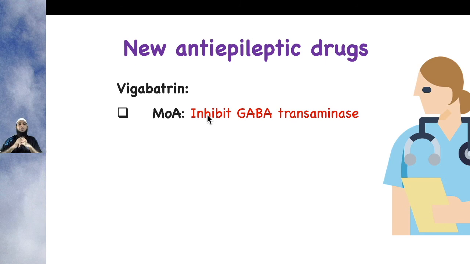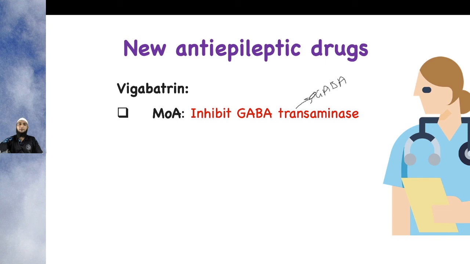In addition to this, there are many new anti-epileptic drugs available in the market. So let's see what those drugs are. One of the drugs is vigabatrin. The mechanism of action of vigabatrin is that it inhibits the GABA transaminase enzyme. We already saw this in the case of valproate; valproate is also a weak inhibitor of GABA transaminase. GABA transaminase is the enzyme which metabolizes GABA.